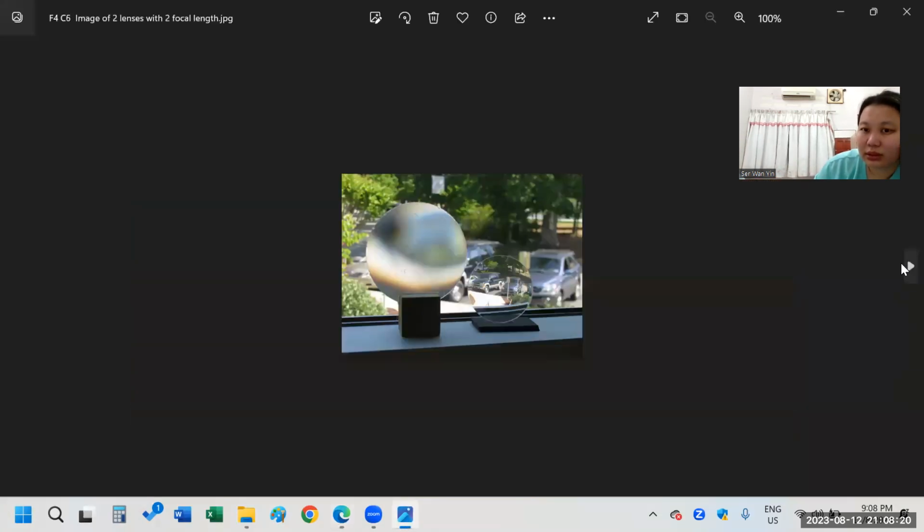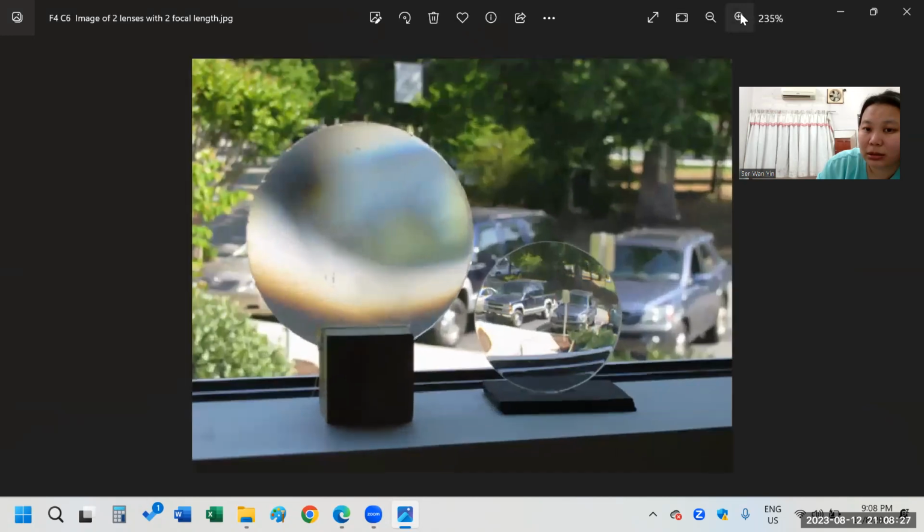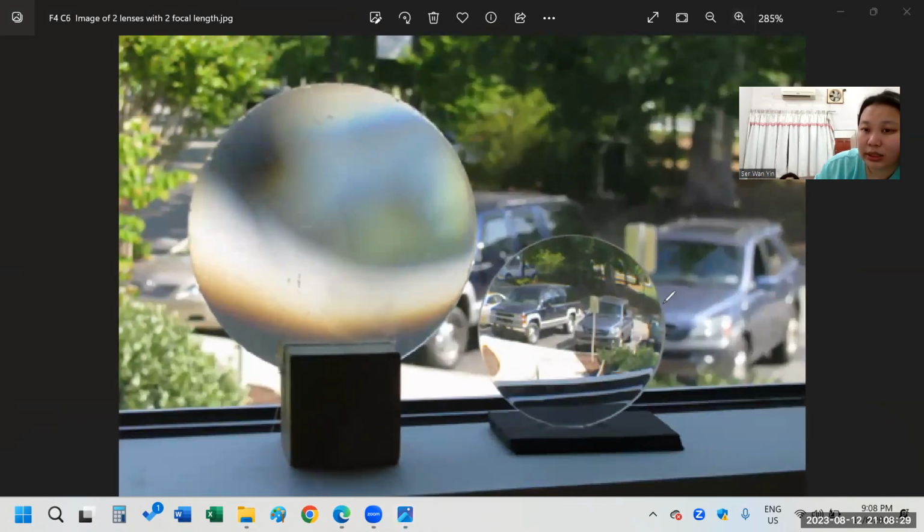So actually it's like this. You can see the car tire is down, then this one is the top. This is going up, this way going up. So the image is also going up.